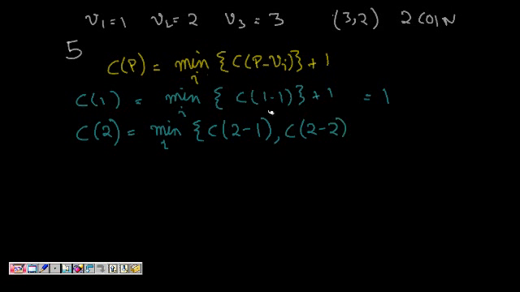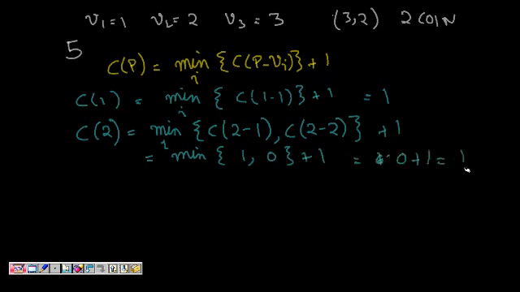So here you can put one more restriction, that the Vi I am choosing should be less than or equal to P. So these are the 2 things I can choose, plus 1. This is the minimum of C of 1, which was 1, and C of 0, which is 0, plus 1. So this is 0 plus 1, which is 1. Yes, this is true also: I can make change for 2 using just 1 coin.